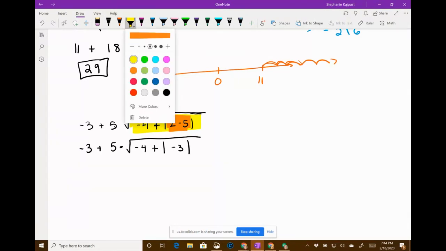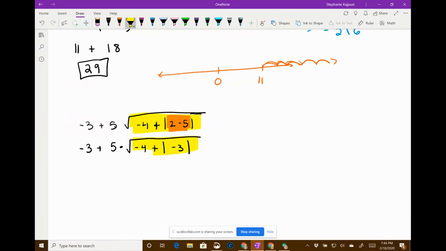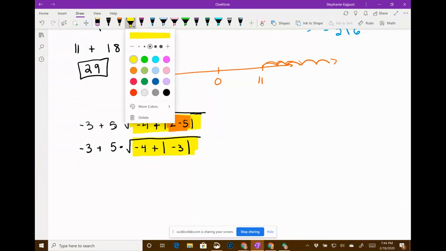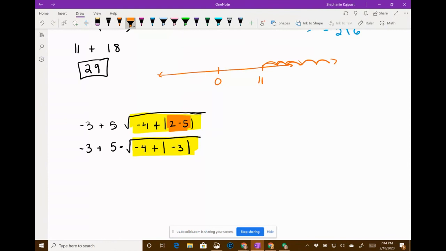So I'm still working inside my square root. And now the next thing I need to do is actually take the absolute value. So now instead of simplifying inside the absolute value, I have to take the absolute value. So once you have a single number inside absolute values, then you make that number positive. The absolute value always makes the number positive.